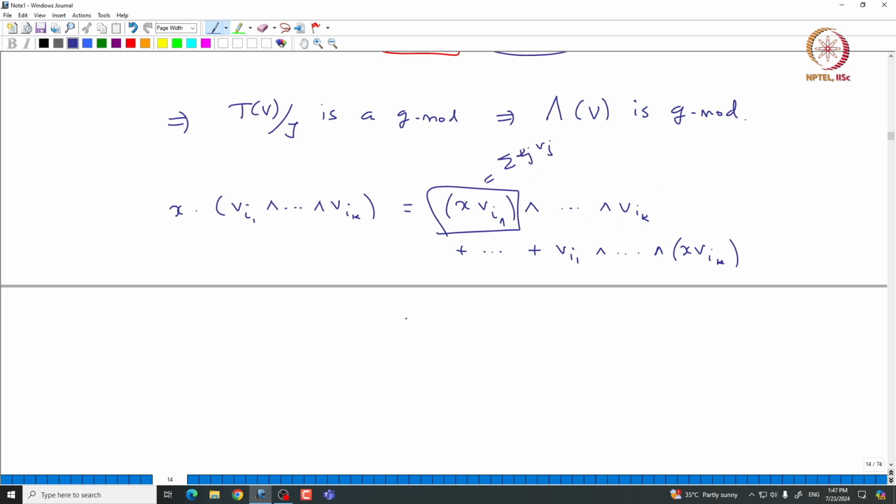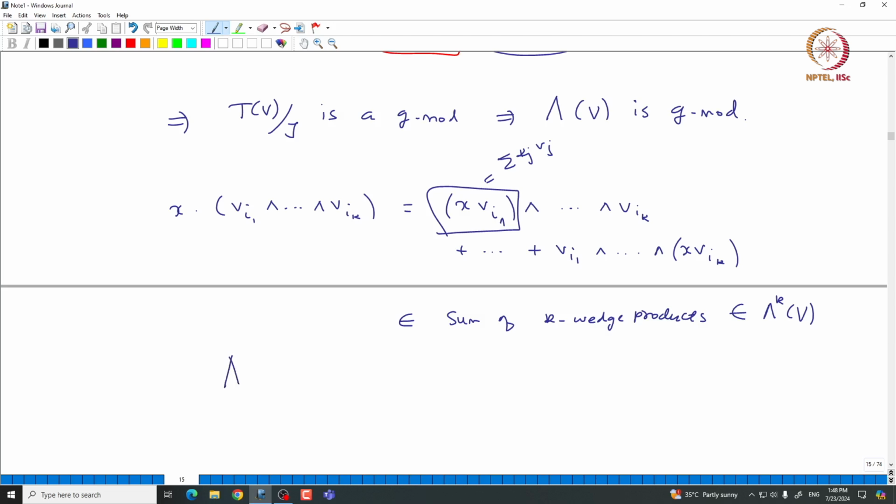So you can see that this is going to be again some linear combination of k-wedge products. Okay, so that means this is inside this wedge^k V. So this makes this lambda^k V also a G submodule.